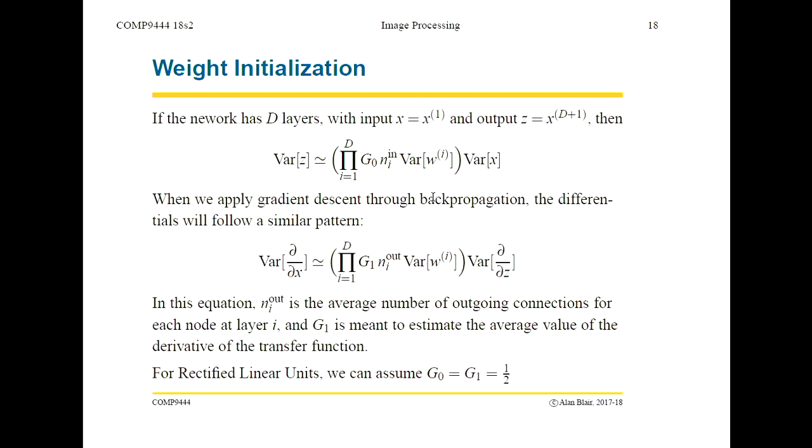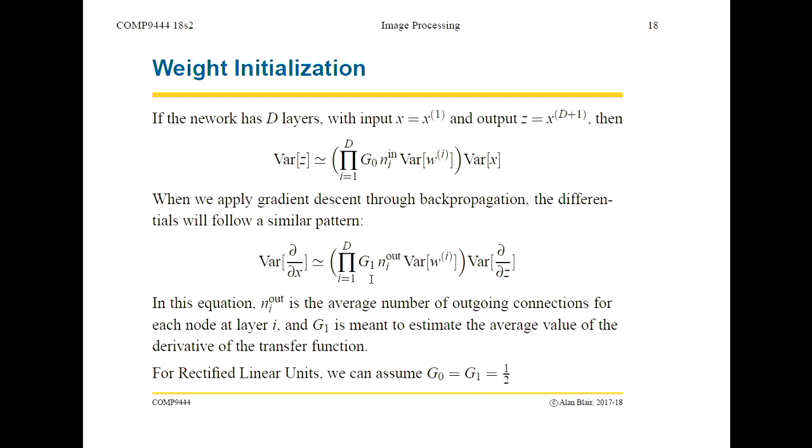And when you backpropagate, you do it in reverse. You take the differentials at the output layer and look at their variances, and then every time you backpropagate, you multiply by essentially the same value, but this G1 here reflects the derivatives of the transfer function rather than the actual transfer function.